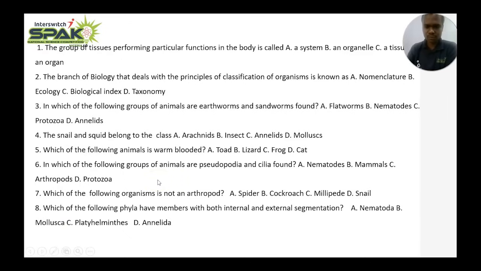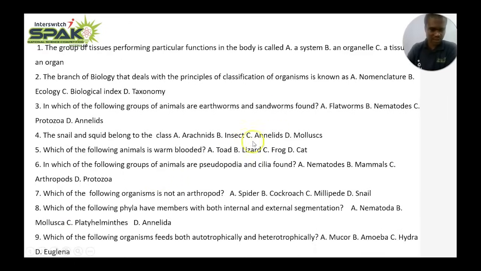Now the next question says, which of the following organisms feed both autotrophically and heterotrophically? A, mucor, B, amoeba, C, hydra, D, euglena. Mucor feeds only heterotrophically.